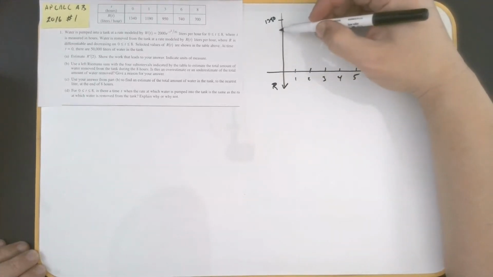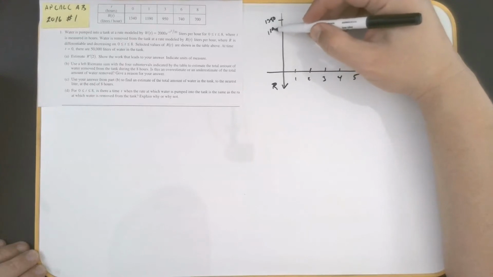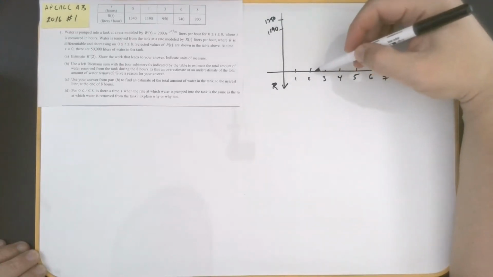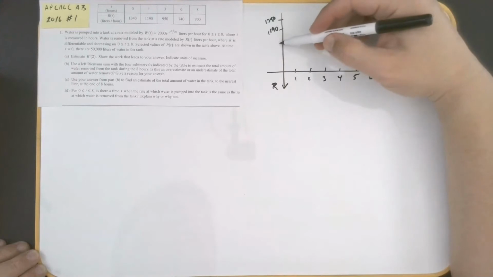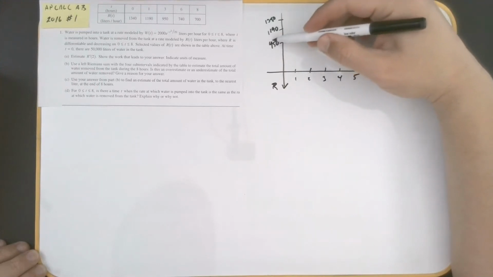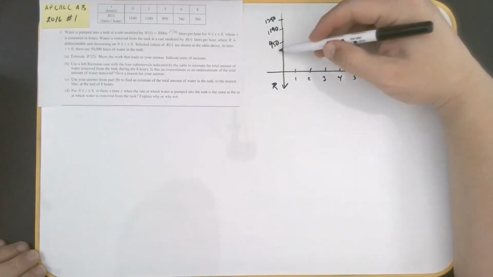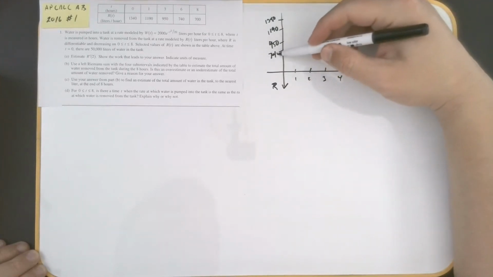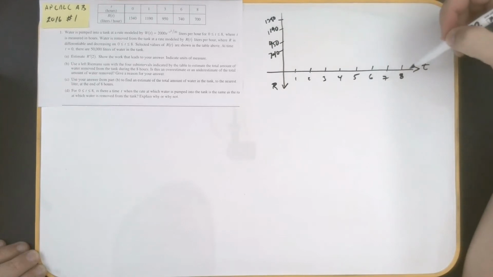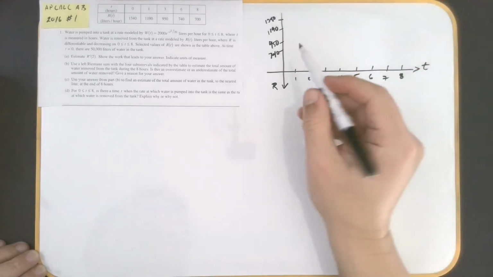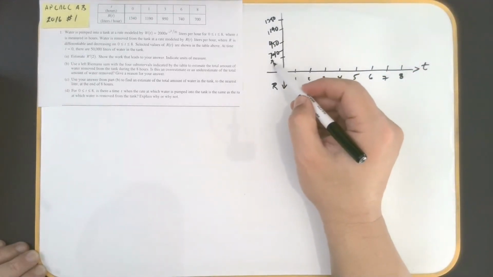At 1, we are a little lower, at 1190. Then at 3, we're at 950. Then at 6, we're at 740. And then at 8, 2 hours later, we're at 700, so that one's fairly close.